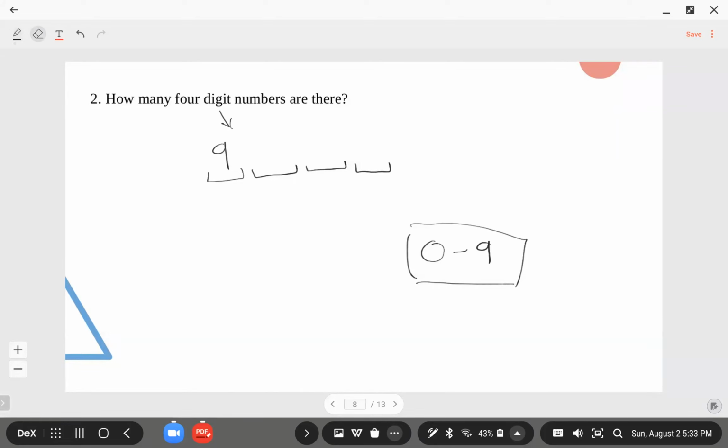And for the hundreds digit, we can use 0, right? So that's a 10. And same for the tens place and the ones place. After you're done with that, you just multiply all these boxes together.